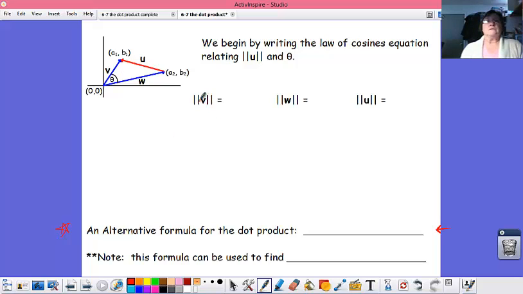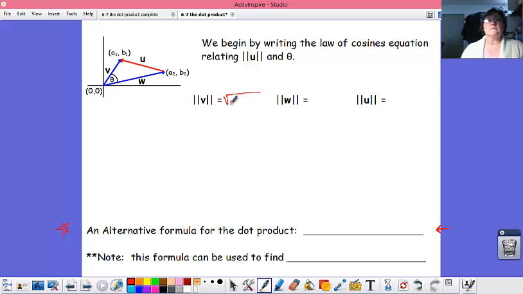Alright, so if we're going to find the magnitude of vector v, we think to ourselves, well, vector v goes between 0, 0 and a1, b1. So to find the magnitude of this piece, we can use the distance formula. So we start out with the big square root, and then it will be the terminal point, a1 minus 0.